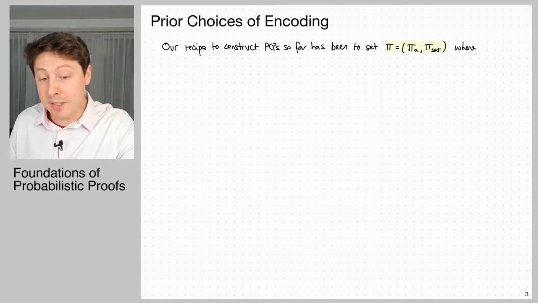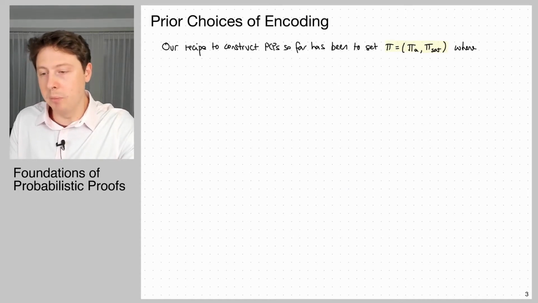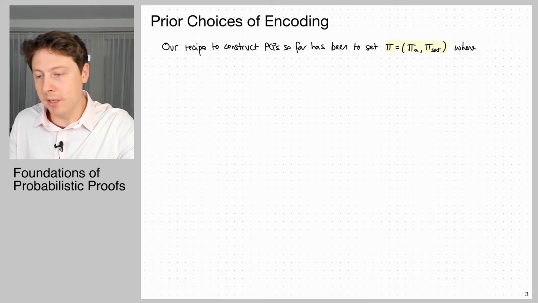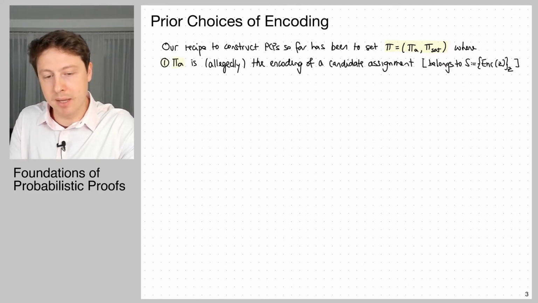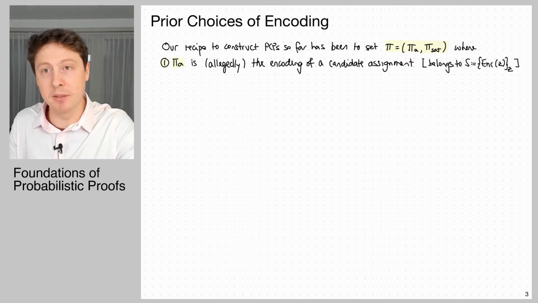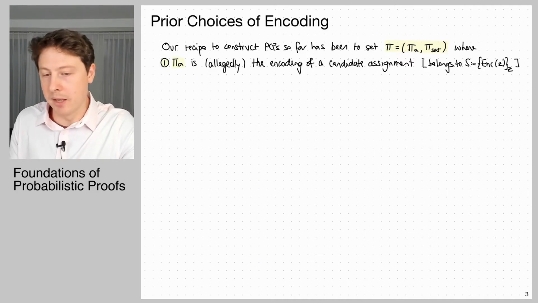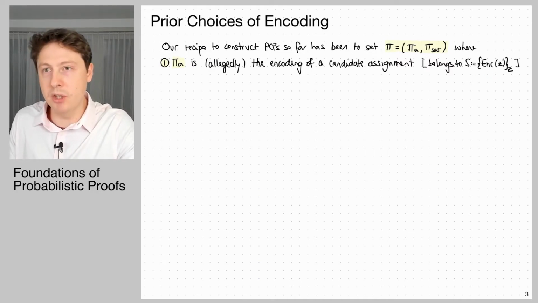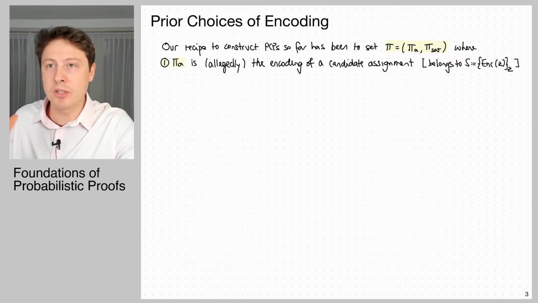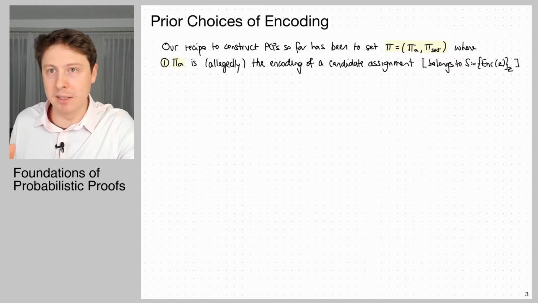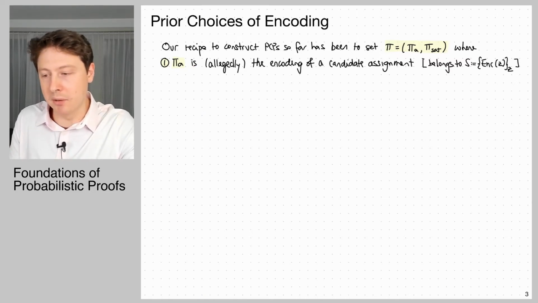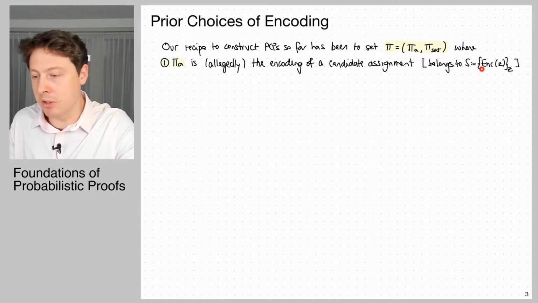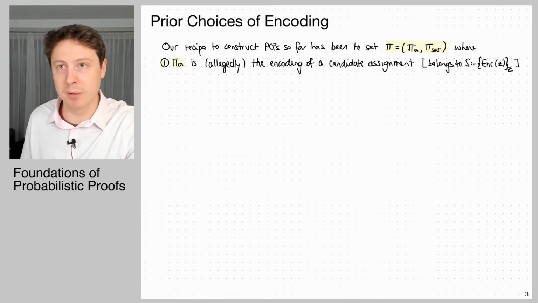So our recipe to construct PCPs so far has been to set the PCP to be made up of two parts. One is some alleged encoding of a candidate assignment, written according to some format. It's not that all strings are valid encodings, only some of them are. An assignment needs to be encoded that way, and it belongs to some special set of specially formatted strings.